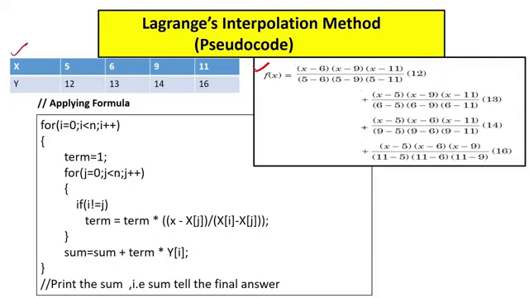Before this, we should know how this code is written. What I have assumed is that this is actually a series, and this series consists of many terms. I will treat this as one term, this as the next term, and so on.